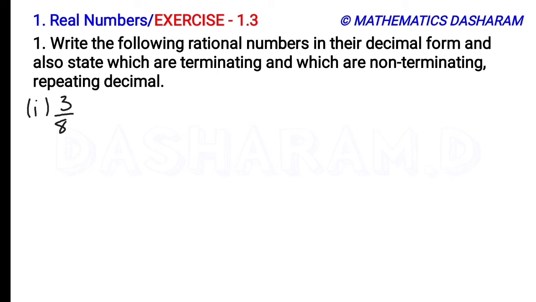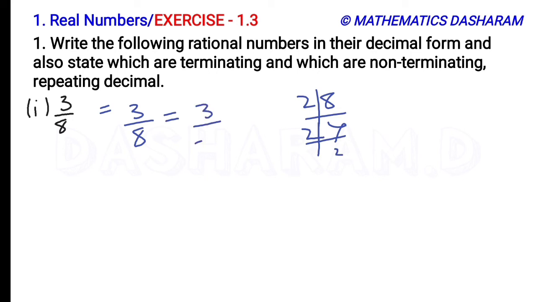So the first question, whether it is terminating or non-terminating, let us verify. 3 by 8: the denominator is 8, so factorize the denominator. 8 is 2 twos are 4, 2 fours are 8, so it equals 3 by 2 cube, which is 3 by 2 cube into 5 power 0, because 5 power 0 is 1.